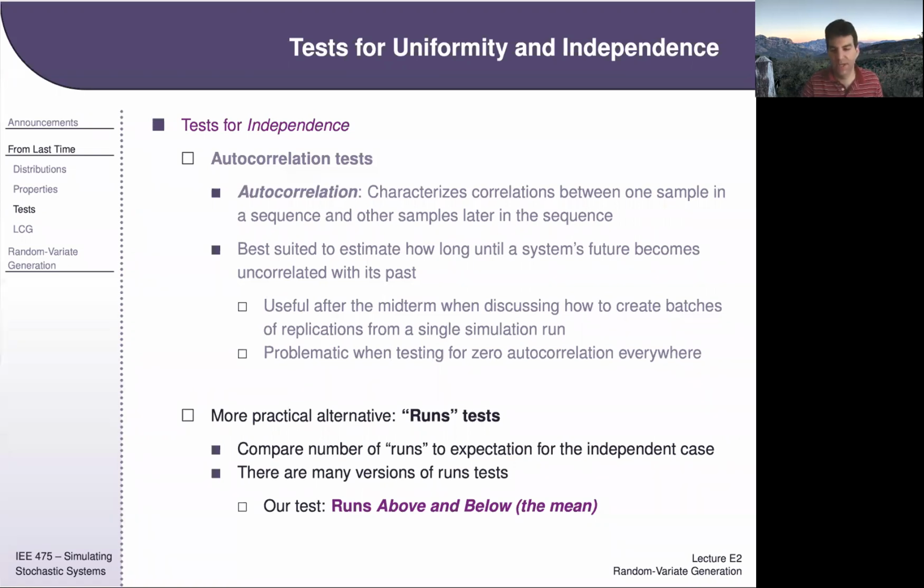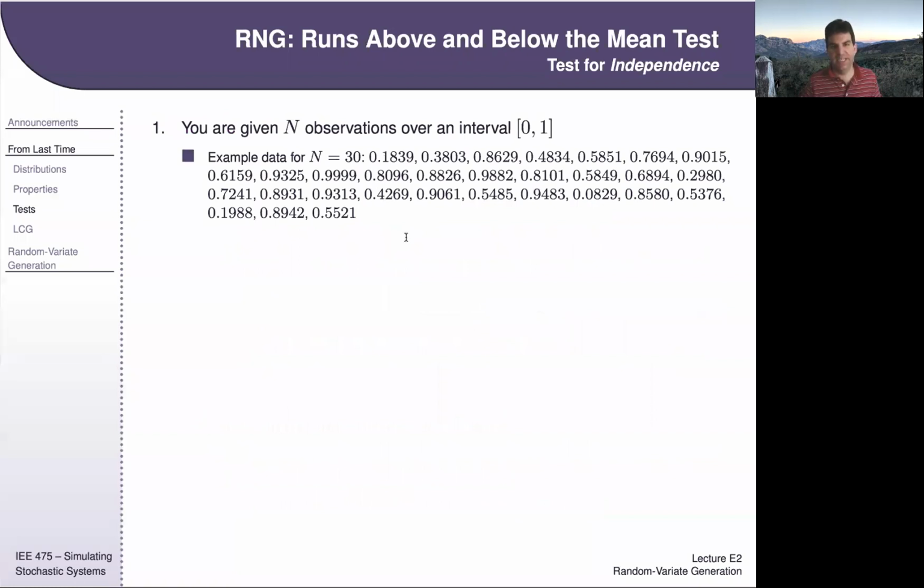So how do these tests work? Here's a simple example. I'm going to take my 30 numbers again. I don't care whether they're uniform or not, but I do care whether they're independent. So I'm going to calculate the mean of these numbers. I won't have you calculate the mean of 30 numbers on a midterm. If I give you 30 numbers on a midterm, I will also give you the mean of those numbers.